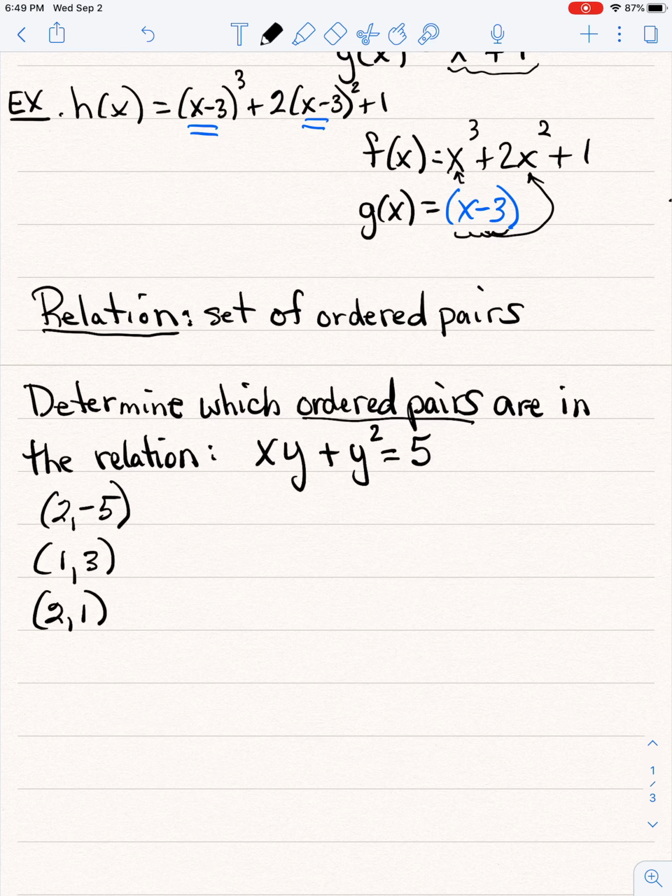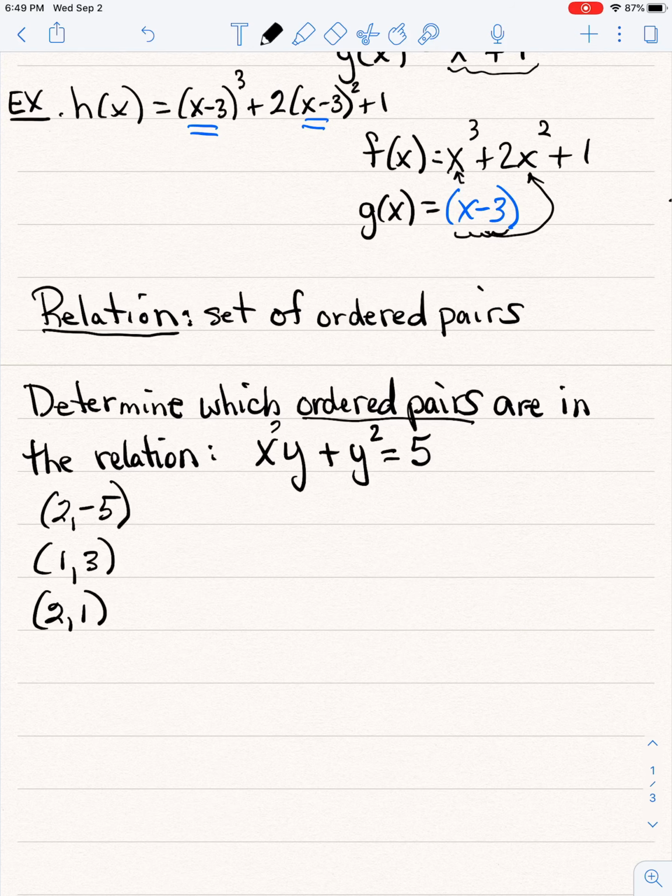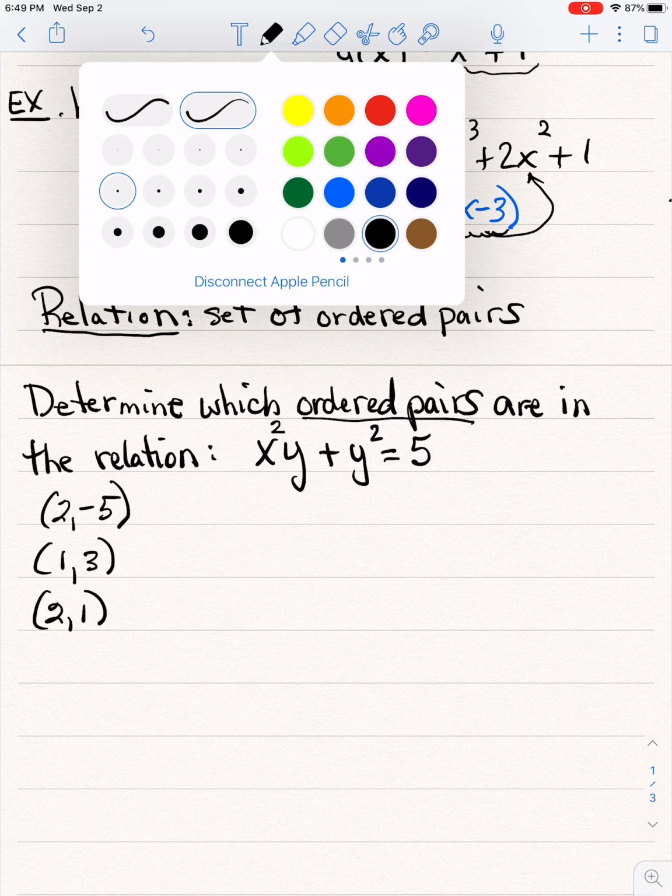Okay, so what we'll do is we'll substitute our values into the relation and see which ones work or satisfy the equation. So in the first case here, we would do, actually, you know what, I miswrote that, my bad. Okay, let's make this x squared y plus y squared. There we go. Let's give that a try.